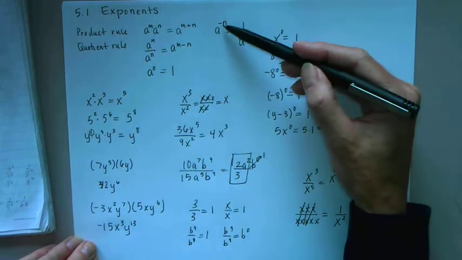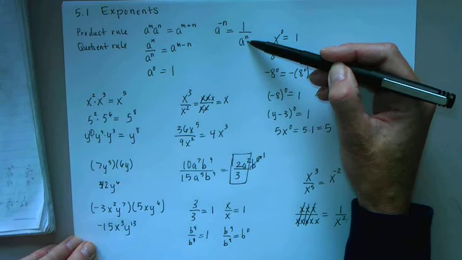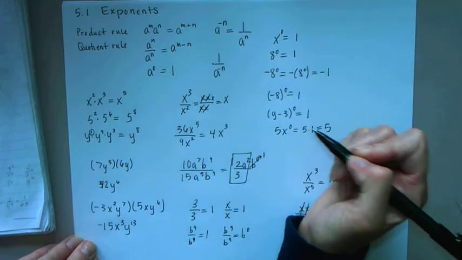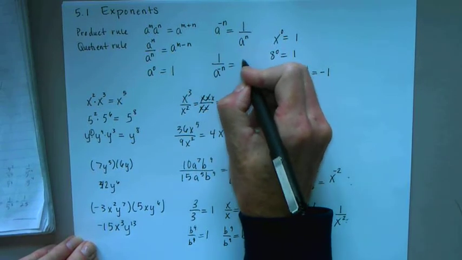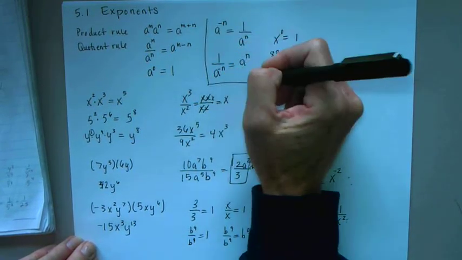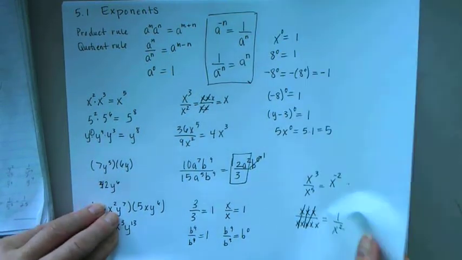If I have anything raised to a negative exponent, I can put it on the bottom and make it positive. And do you know what? The vice versa is true too. If I have a negative exponent on the bottom, I can put it on top and it becomes positive. So we want to be familiar with that rule and be able to use that. And that will take us to the end of this section, 5.1.